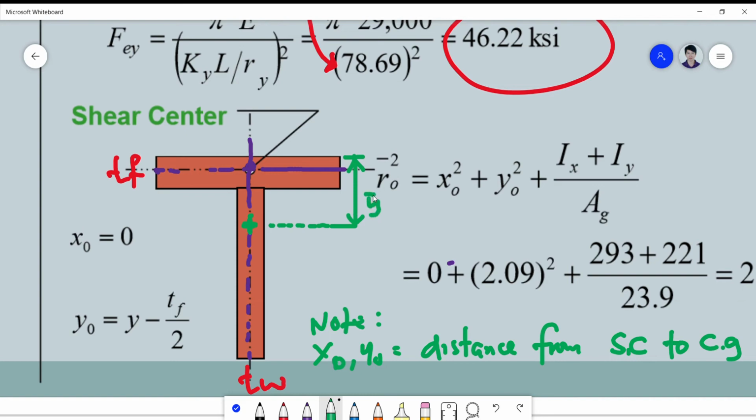Ayan yung Y bar. Your X bar here, automatic, X bar is 0.